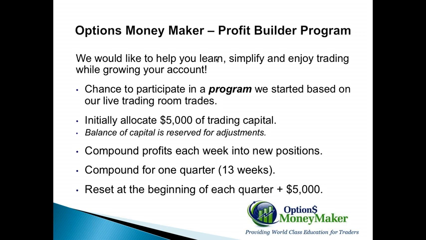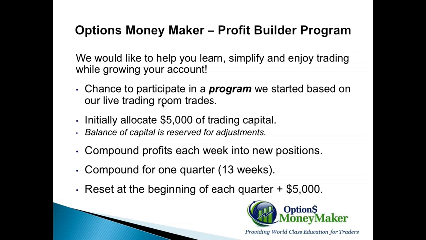But what we do in our live trading room is we identify good trades, and then we send out an alert to our subscribers telling them this is a trade that we opened and this is part of our Profit Builder program. Initially, what we do is we suggest that traders allocate $5,000 of trading capital. This doesn't mean have a $5,000 trading account.